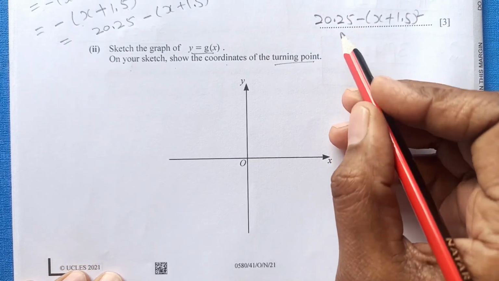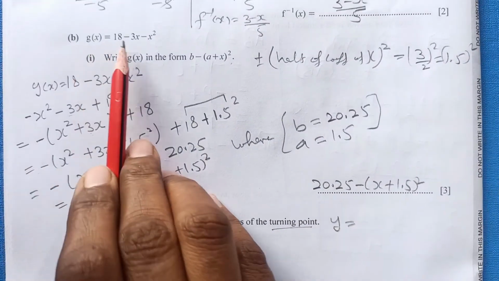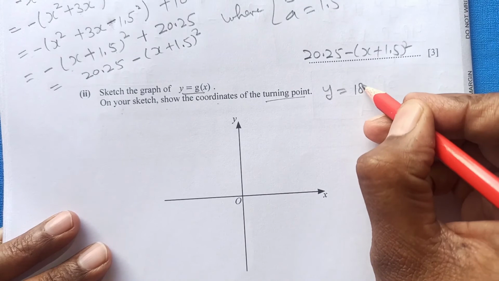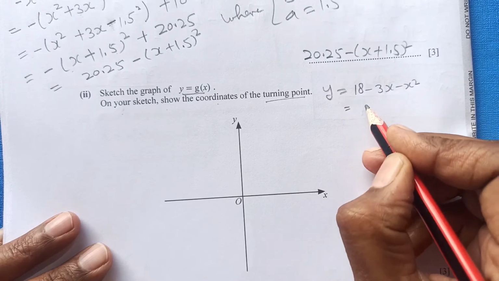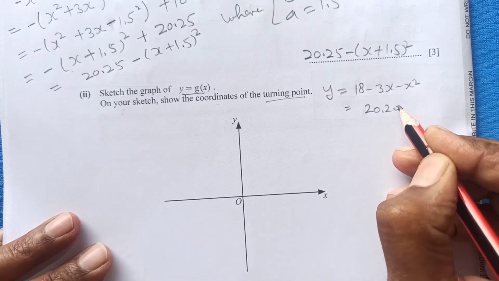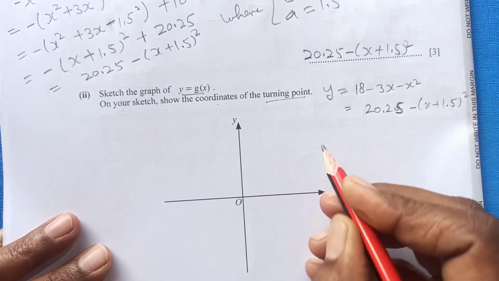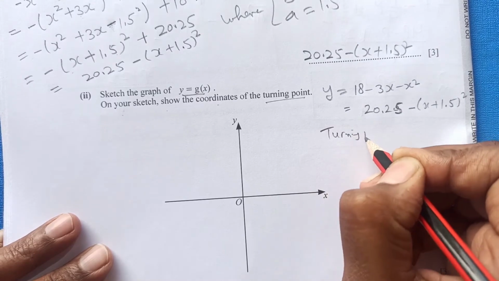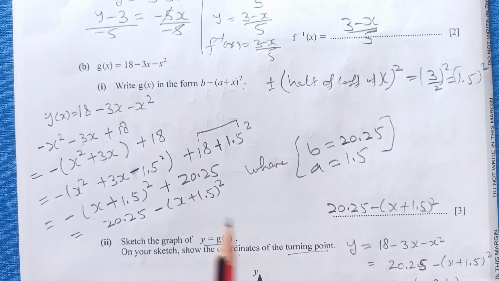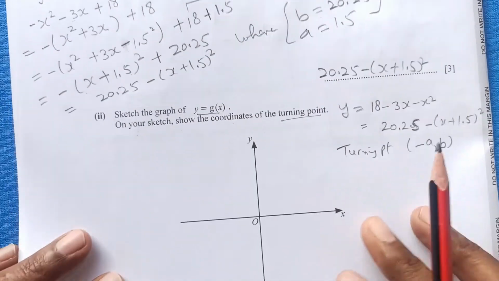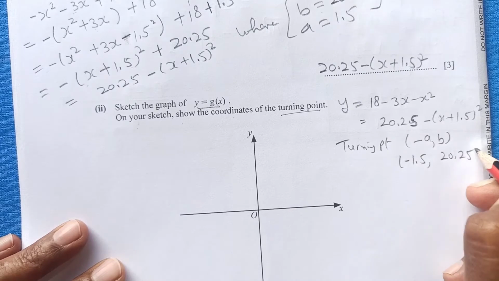We have this equation, y equals g(x), which is 18 minus 3x minus x squared, and we have written it in the form 20.25 minus (x plus 1.5) squared. So the turning point will be negative a and b. Comparing this, a is 1.5, so the turning point is negative 1.5 and 20.25, right?